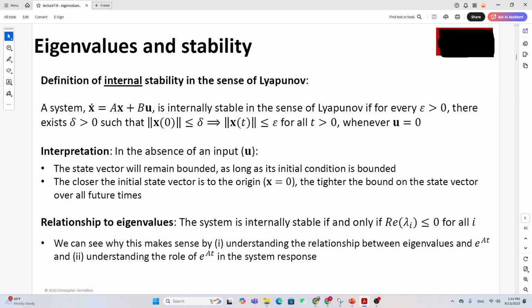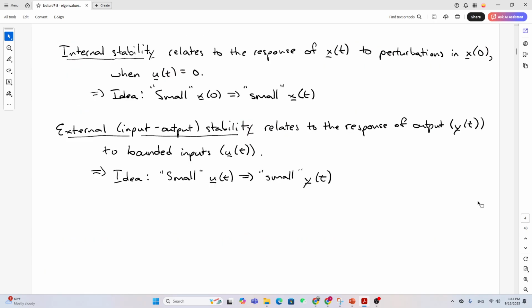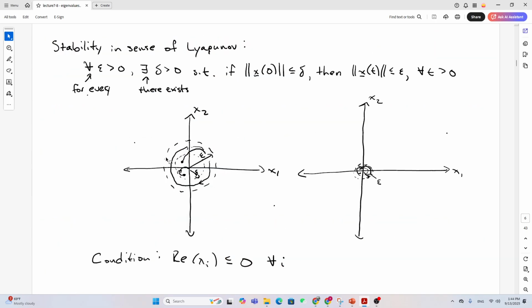The system is internally stable if and only if its eigenvalues are less than or equal to 0, which is true, because if you go back and look at how your system evolves, it fully depends on e to the power lambda i times t. If your lambda i is a positive value, then it is going to grow in real time. So this is how we understand Lyapunov stability.